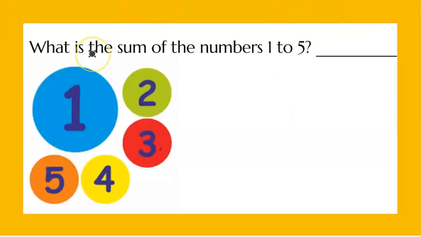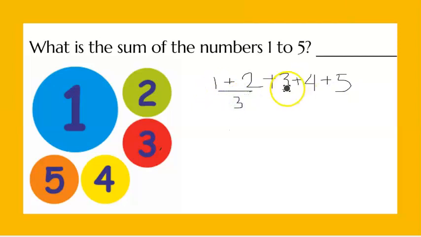And this, what is the sum of the numbers 1 to 5? That's 1 plus 2 plus 3 plus 4 plus 5. So I'm going to do this bit by bit. 1 plus 2 will give me 3. 3 plus 4 will give me 7.